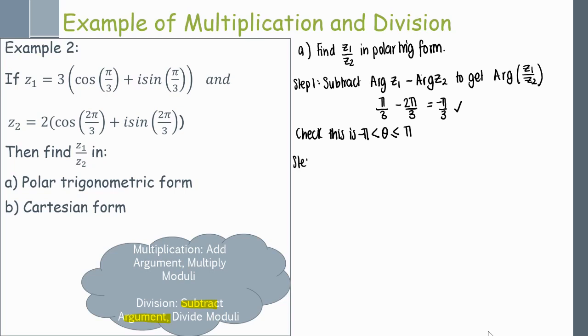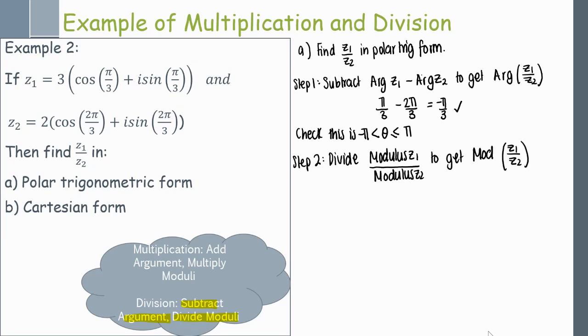Step 2, instead of multiplying the moduli like we do in multiplication, we do the opposite and we divide them. The modulus of z1 is 3 and the modulus of z2 is 2. So 3 divided by 2, well, that is just very nicely 3 over 2.